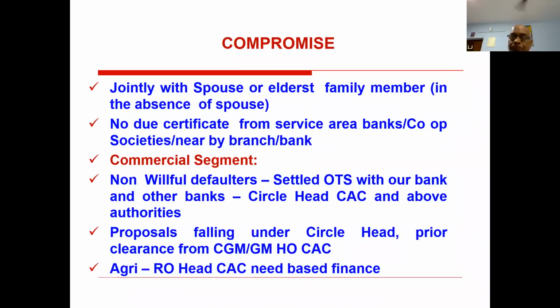Suppose you have given an agricultural loan to a partnership firm. Whether agricultural loans are given to a partnership firm or to a company, they are all called commercial segment. Okay, we are discussing the commercial segment.